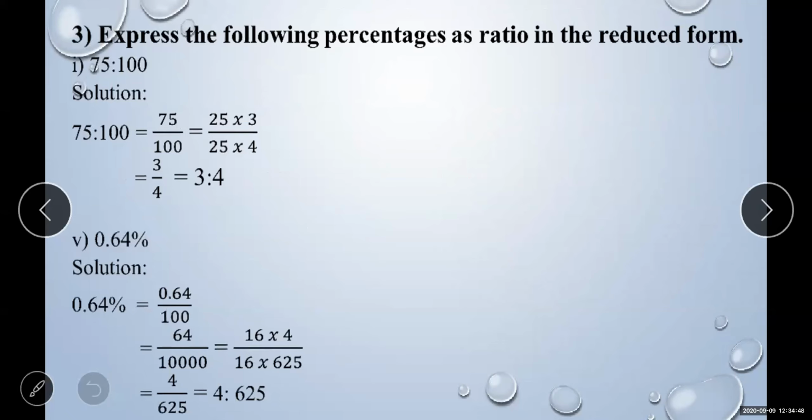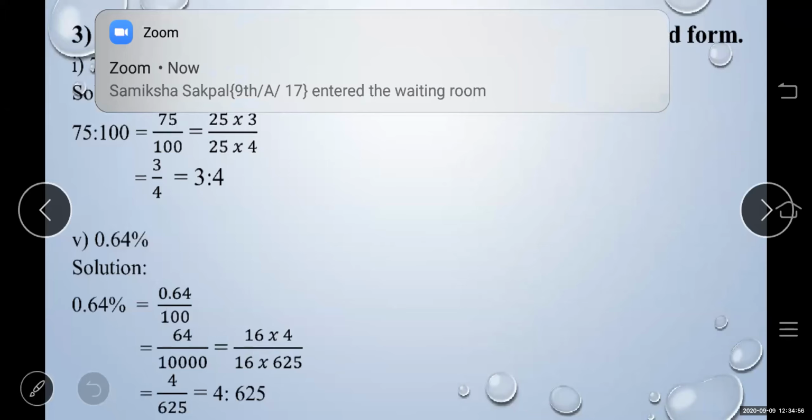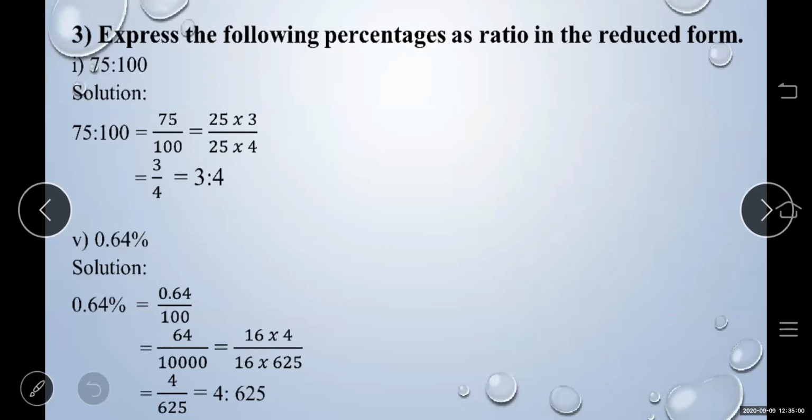Now the third question. Express the following percentages as a ratio in the reduced form.